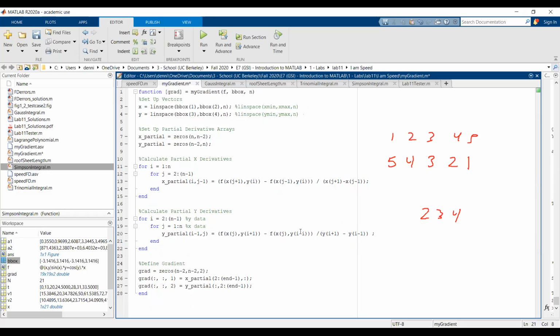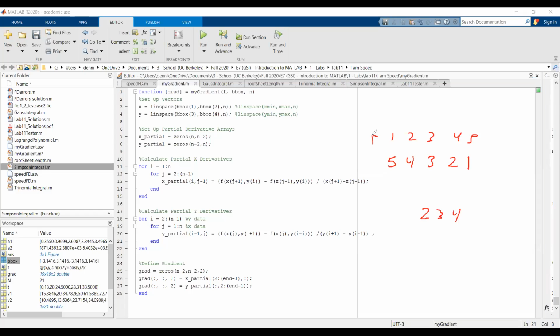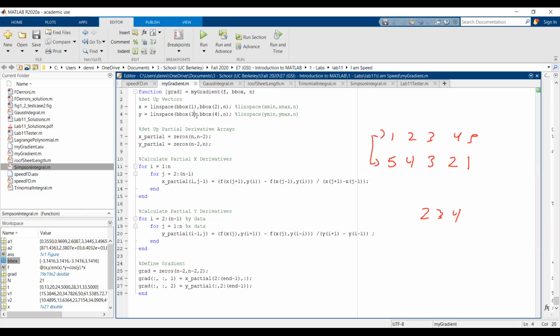Now, one thing I need to do, because I flipped the order of these y values over here, is make a small change up here. There's a couple ways I can do this. I could do flip LR. That's going to flip left, right, and I think that's the most intuitive way to look at it.